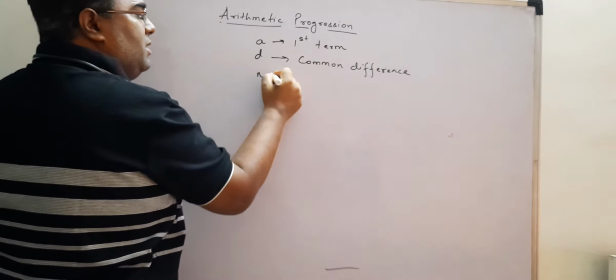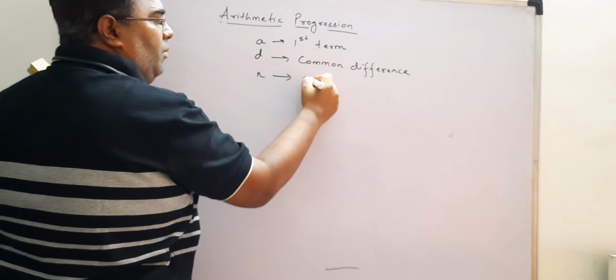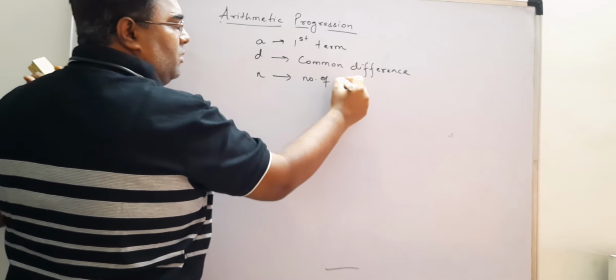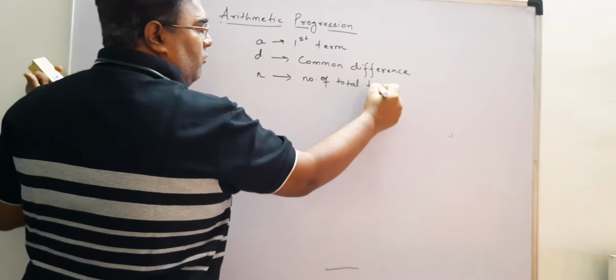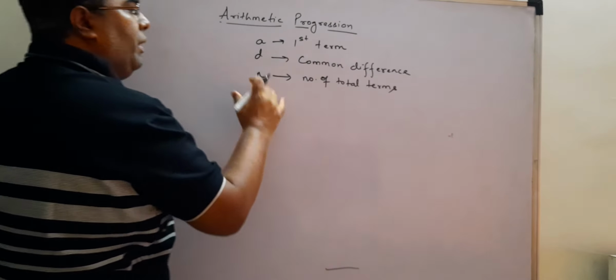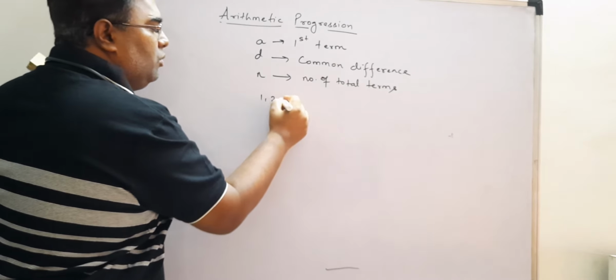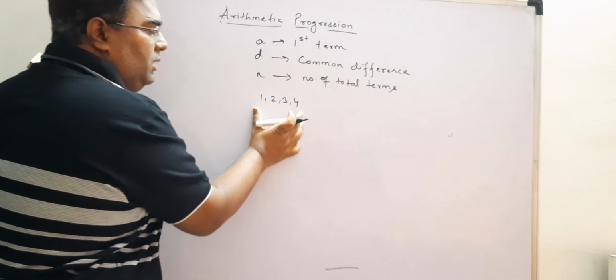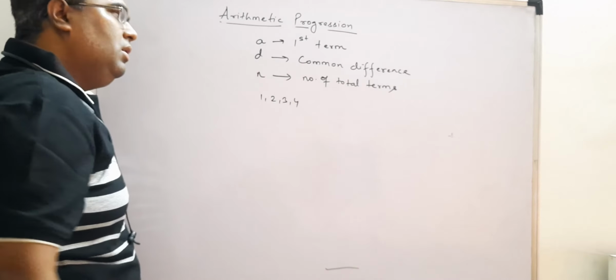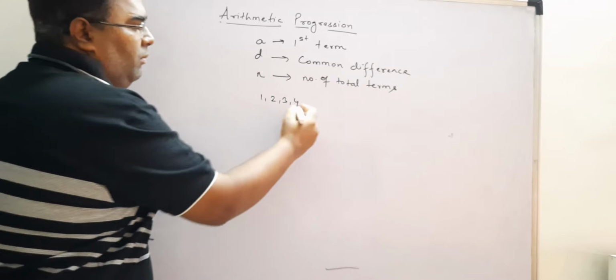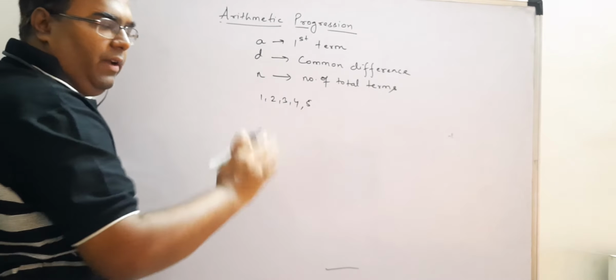N. N is basically the number of total terms. How many terms are there in a series? For example, 1, 2, 3, 4. If the series contains only these 4 numbers, then my n is 4. If it is 5, then 5.